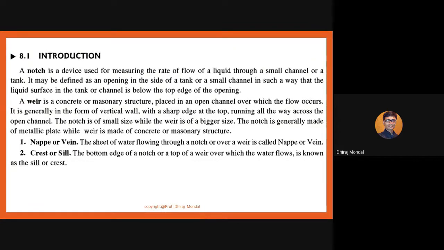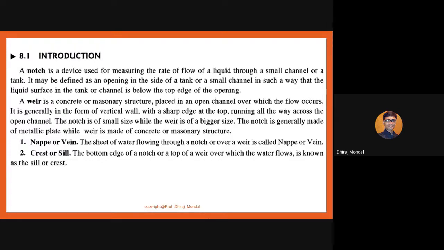Some technical terminology you need to know: nappe or vein, and crest or sill. Nappe or vein means the sheet of water flowing through a notch or over a weir. And what is the crest?